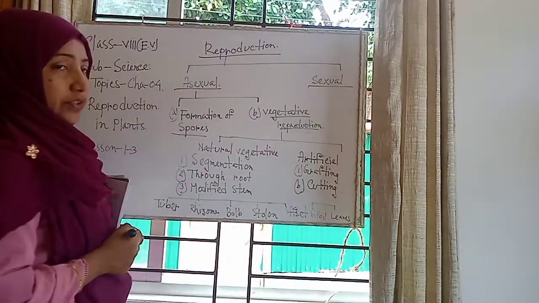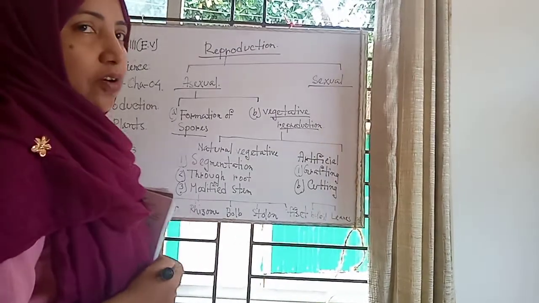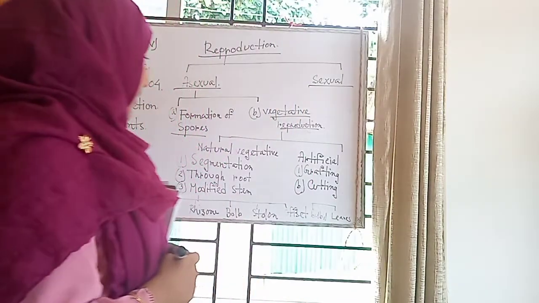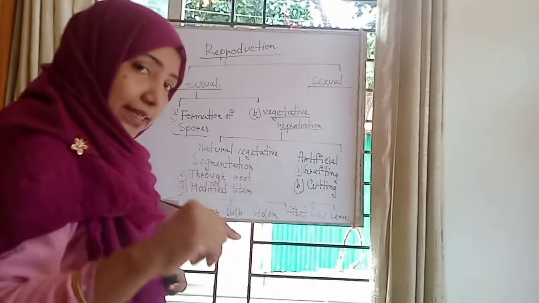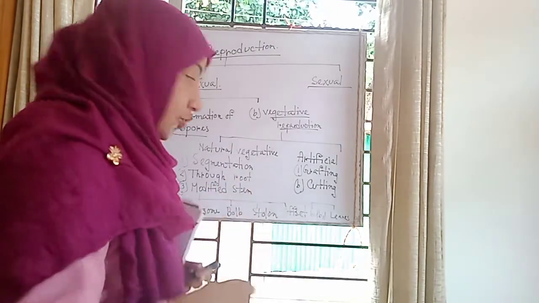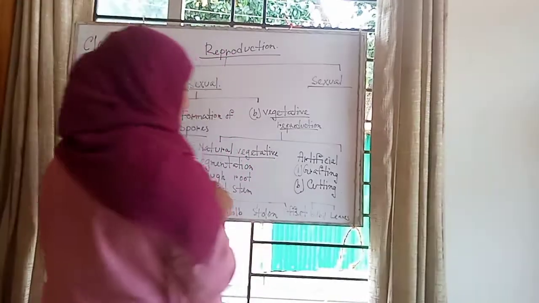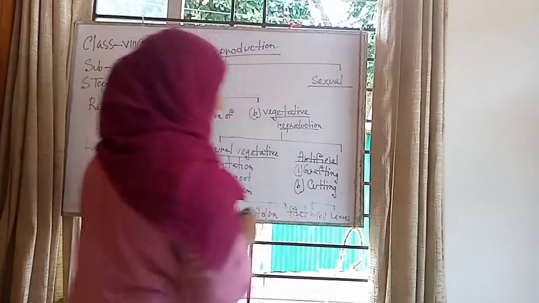Vegetative reproduction again has two types. The first type is natural vegetative reproduction, and the second is artificial vegetative reproduction.